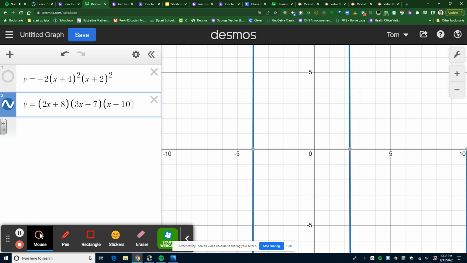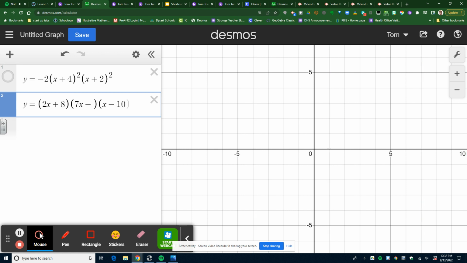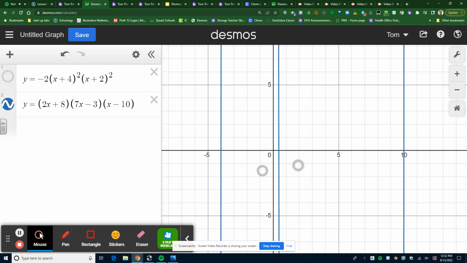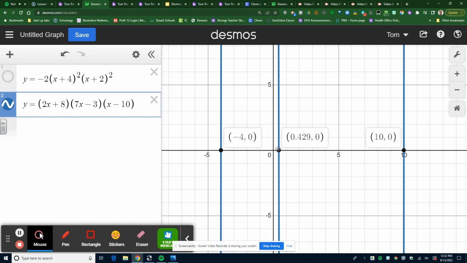Wait, wasn't it 7x minus 3? Yes, thank you. I transposed them. So 7x minus 3. Here are my intercepts. There's -4, there's positive 10, and that, believe it or not, is 3/7.